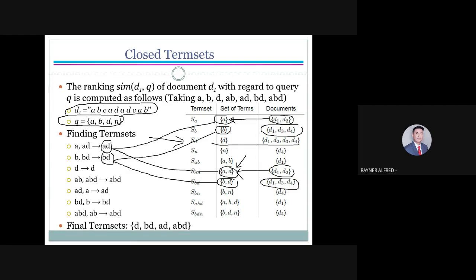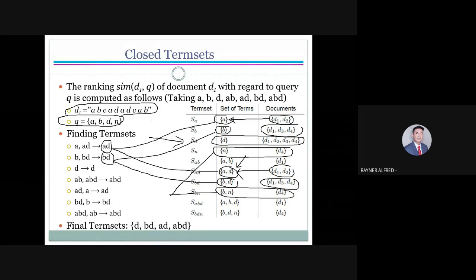This one, D4 and BN. But this one we do not consider because they are not in the frequent term set. What else?